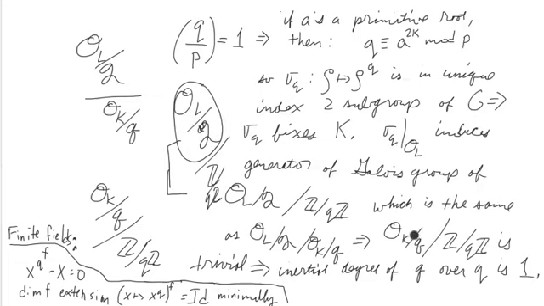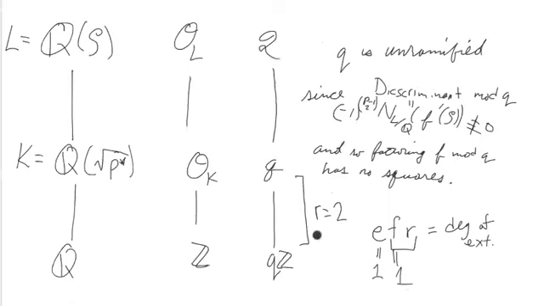which forces the degree of this extension right here to be 1, or trivial, which means that the inertial degree of the extension from q to the prime q, from q to k, has to be 1 in this case, which would force r, the number of primes that q splits into in a product, to be exactly 2.